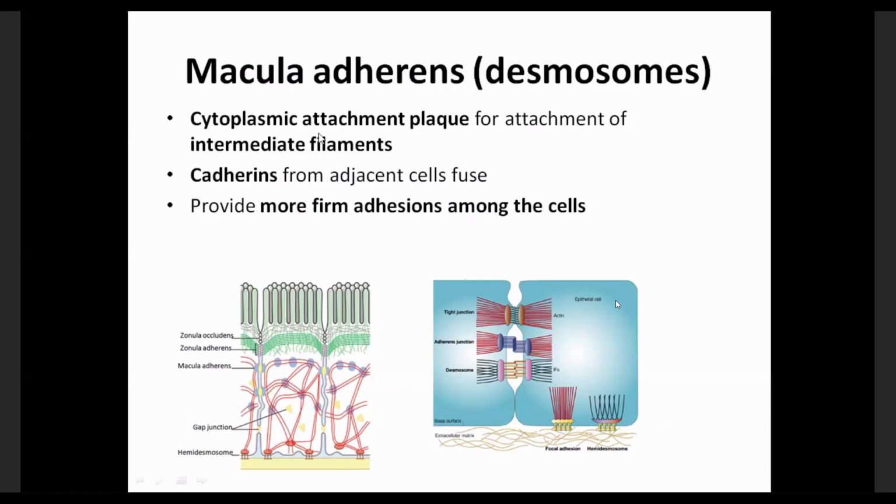The basic function of macular adherens is therefore to connect cells located in regions that are subjected to stress, for example, cells that cover our skin. In such cells, there is repeated tension coming from our day-to-day activities.